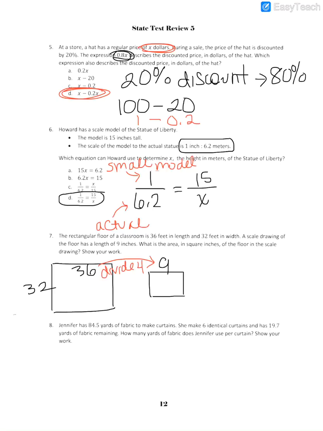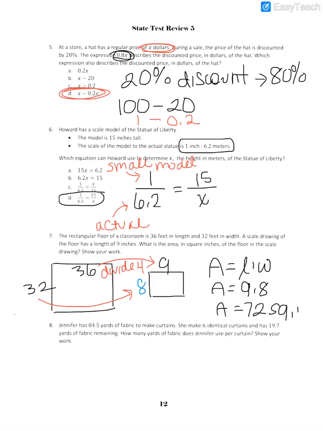So if we divide the 32 by 4, 32 divided by 4 would be 8. Okay, so now let's answer the question. What is the area of the smaller one? Length times width. 9 times 8, 72 square inches.